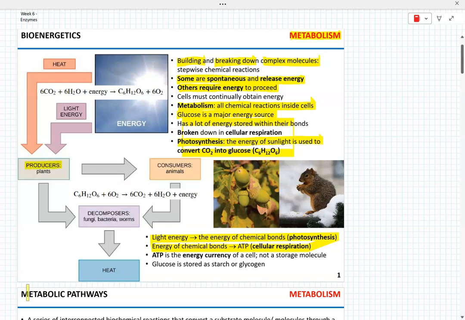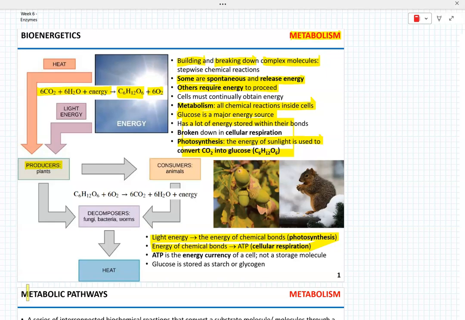Organisms known as producers, for example, plants, produce essentially their own food, glucose, in the process of photosynthesis. As a side product, they also generate oxygen.